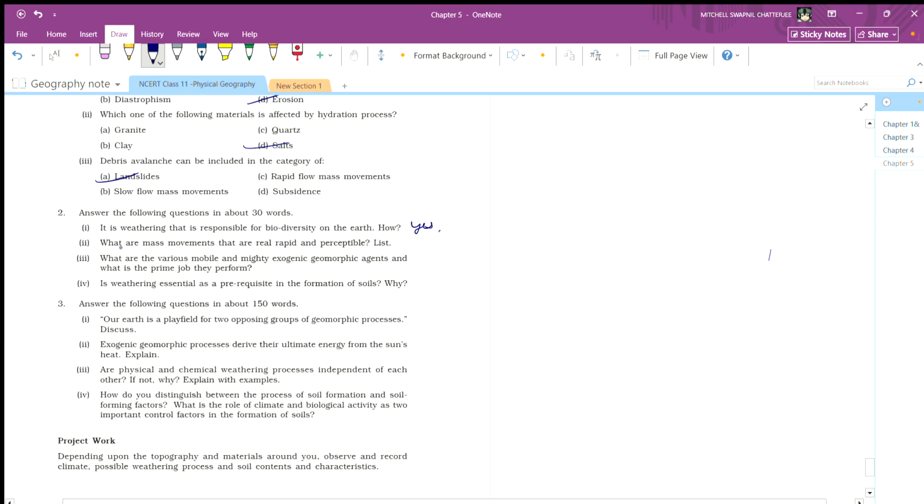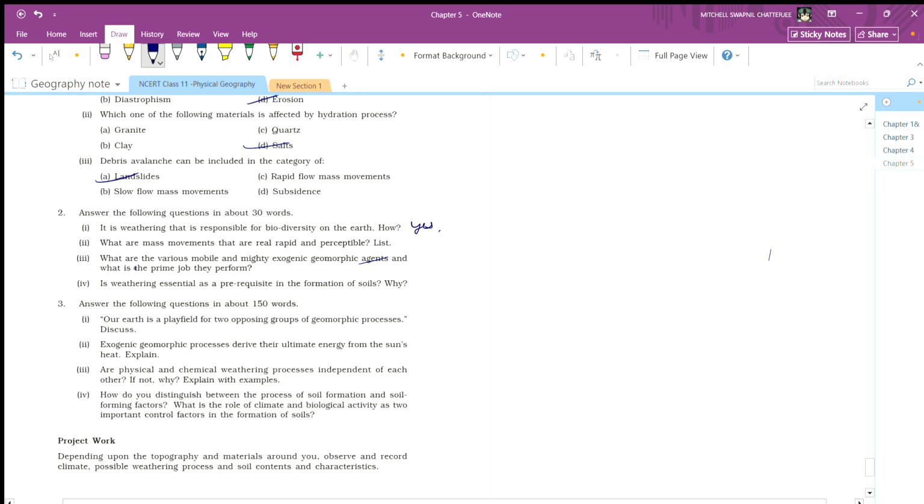What are the mass movements that are real, rapid and perceptible? Various mobile and exogenic processes are running water in all its states, glaciers, waves, and underground water.